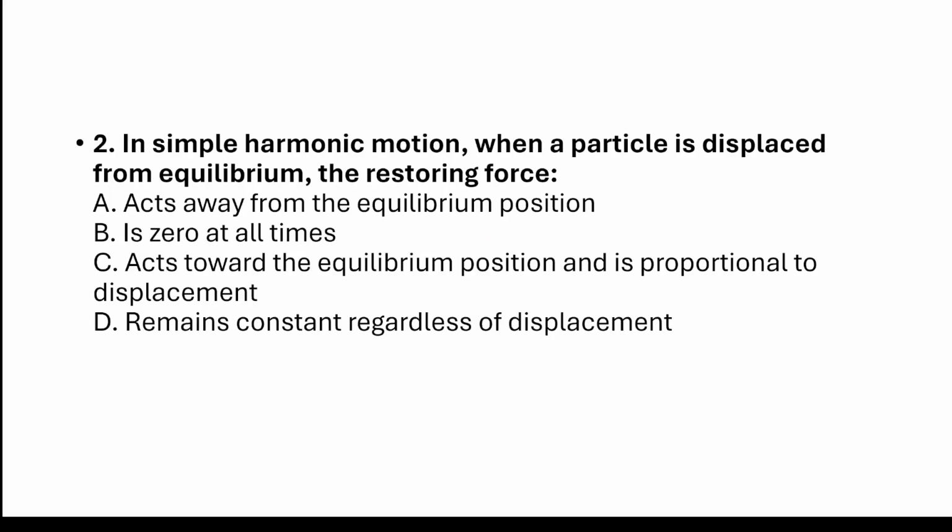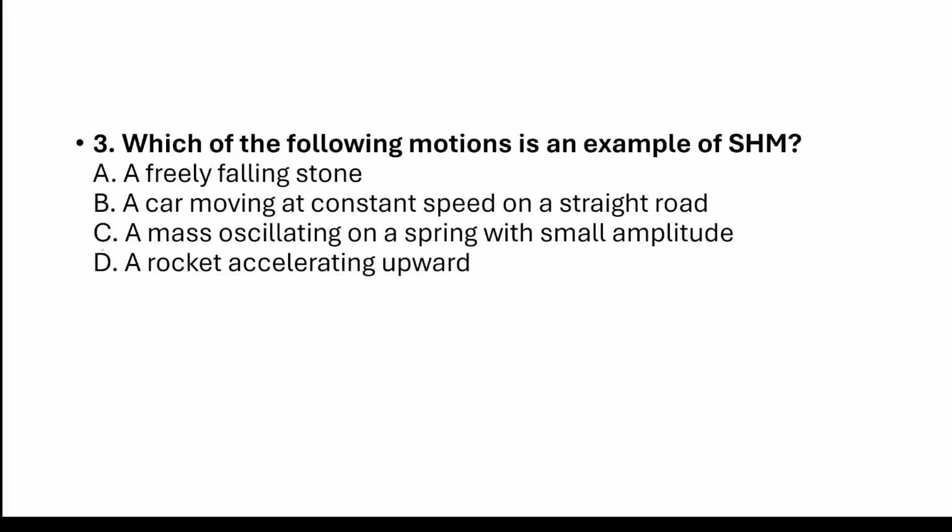In simple harmonic motion, when a particle is displaced from equilibrium, the restoring force always acts towards the equilibrium position. So equilibrium position means where x is 0, so force is 0. So it always acts towards the equilibrium position.